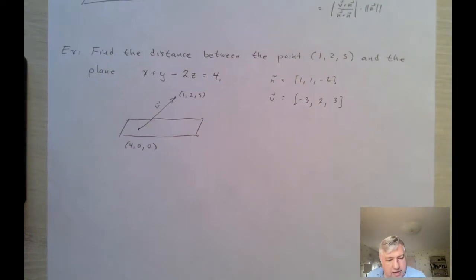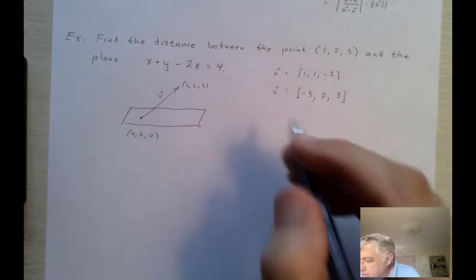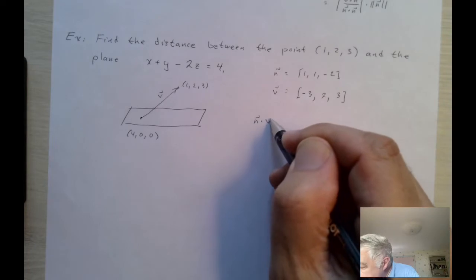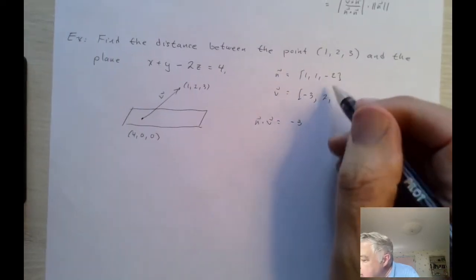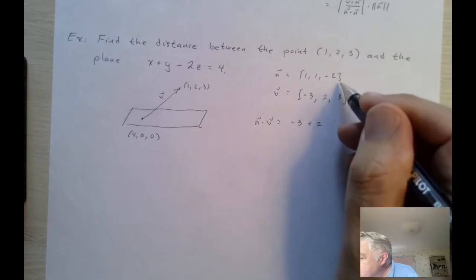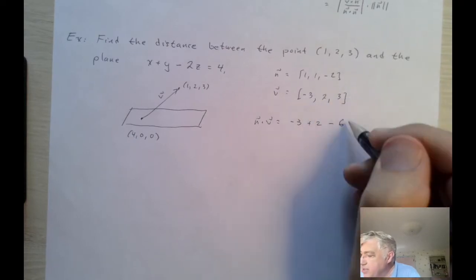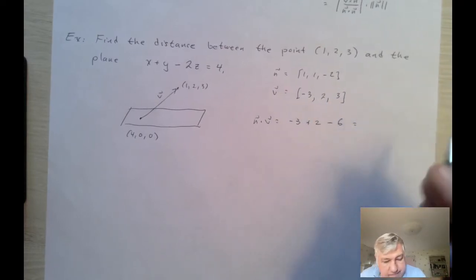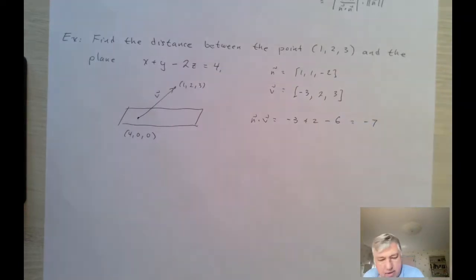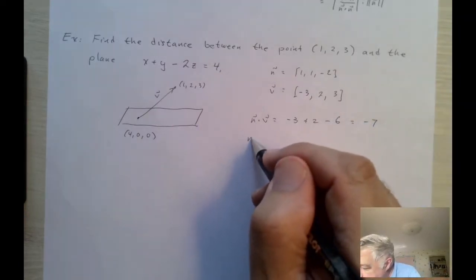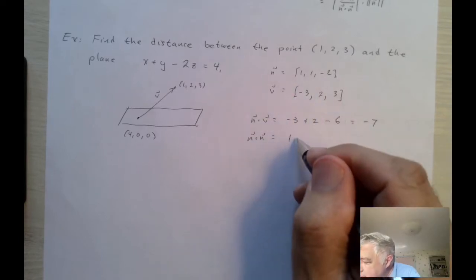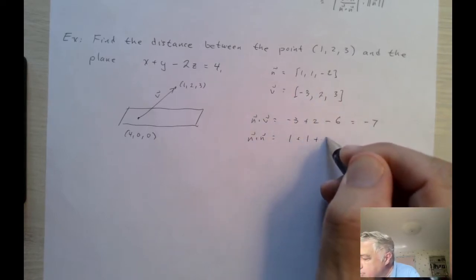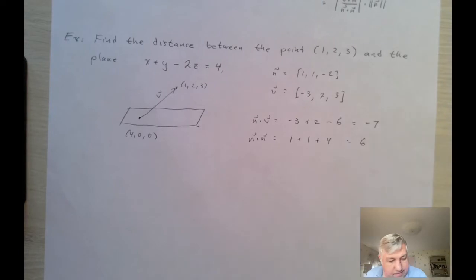All right? And then n dot v is going to be negative 3 plus 2 minus 6. That should be negative 7. And then n dot n, the dot product of n with itself, is 1 squared plus 1 squared plus 2 squared. That's 6.